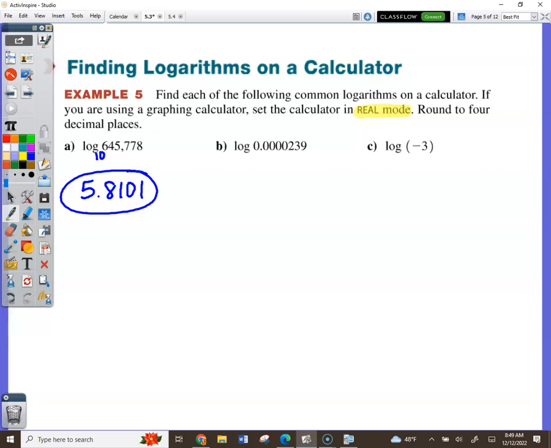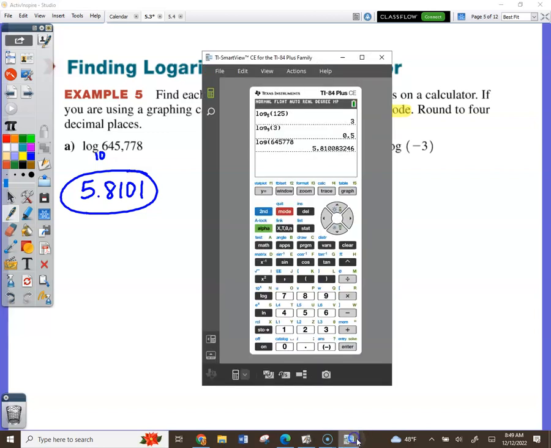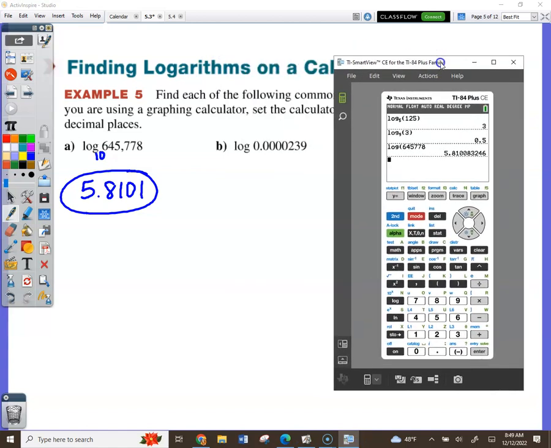Type the next one in. Just gotta watch your zeros here. There are 4 of them. All right, take a second, round it.